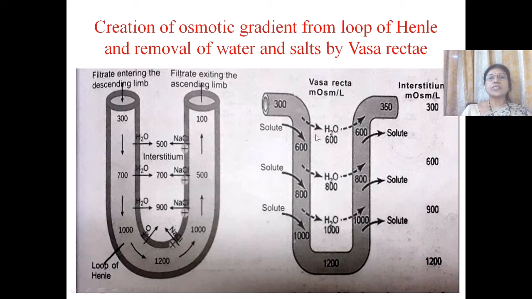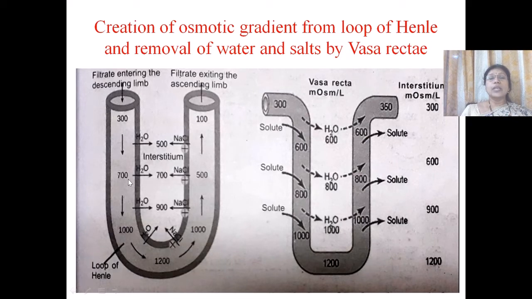So this water is released, and then enters into the vasa recta, and from there the water reaches the general circulation. As a result, the concentration of the medullary interstitium remains unchanged.